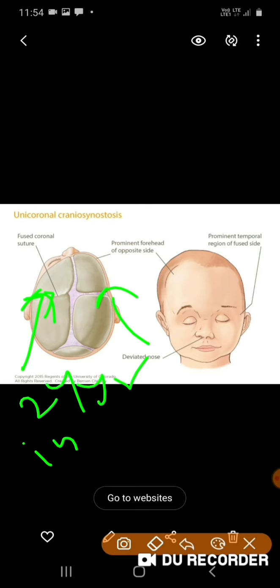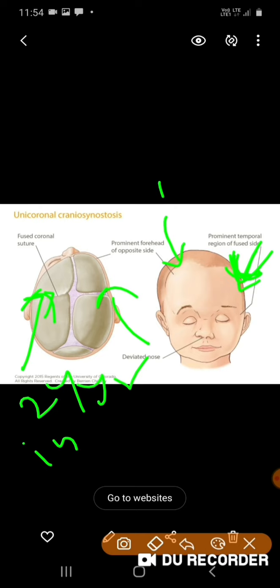So here we can appreciate the prominent temporal region of the fused side. Here this one is the fused side of coronal suture, and a prominent forehead on the opposite side, because here the development of brain is accommodated by the calvaria.